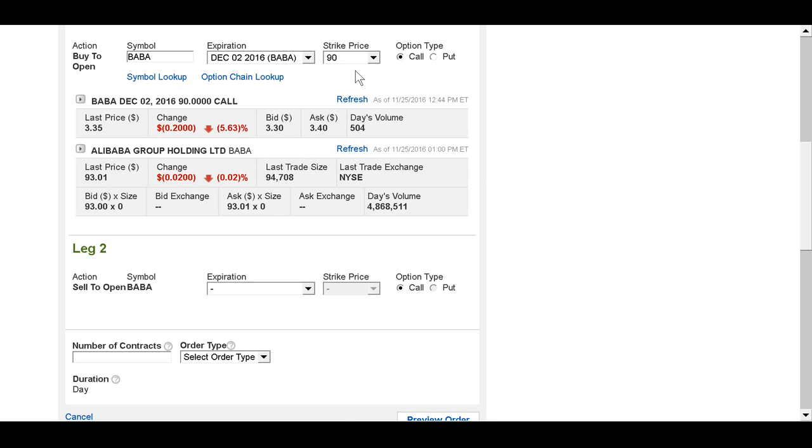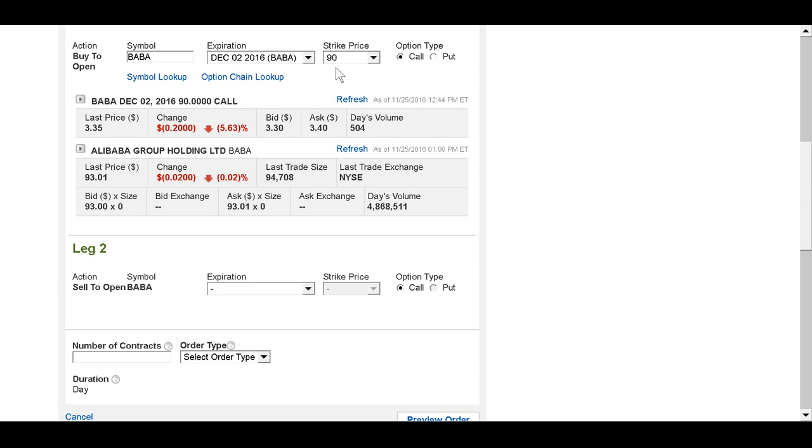Well, this would give you the right, but not the obligation, to purchase 100 shares of Alibaba stock at $90. And that's quite a discount, quite a bargain, considering that right now it's trading at around $93 a share.